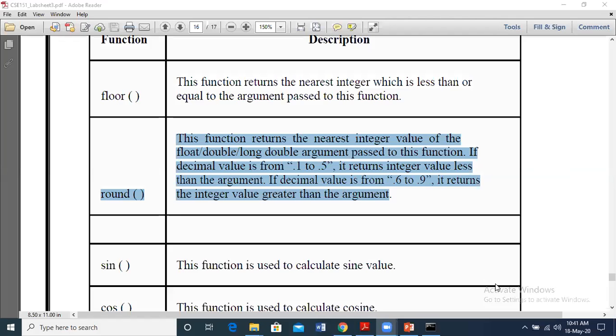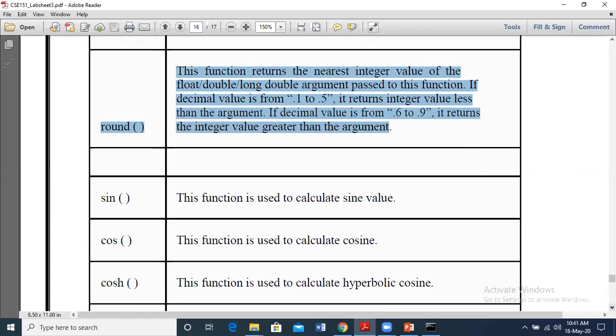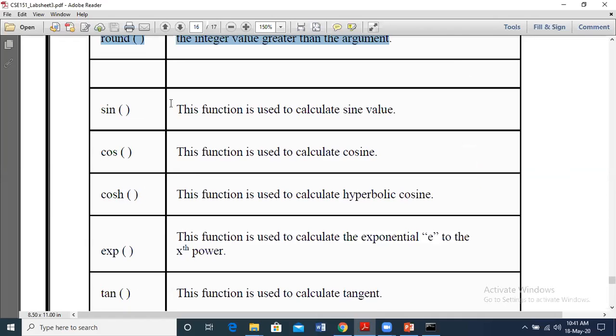So that is the trigonometric functions, as you can see. Sine calculates the sine value. Note that the input should be in radians. If we take input in degrees, we have to convert it to radians. Cos will give the cosine value. We have different hyperbolic functions, tan, tanh, cot, and all the functions are defined in math.h.